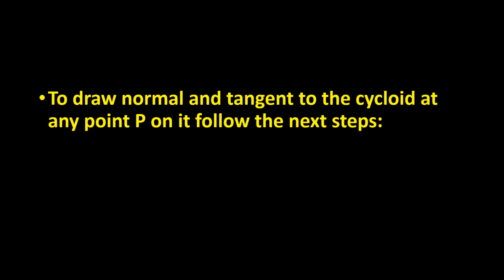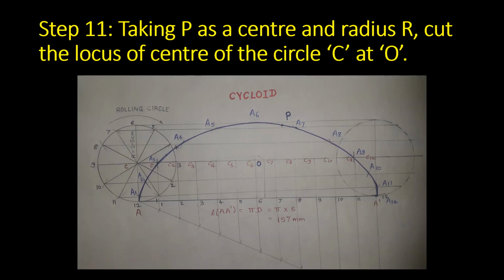To draw normal and tangent to the cycloid at any point P on it, follow the next steps. Step 11. Taking P as a center. Now you can select the location of P anywhere on the cycloid.